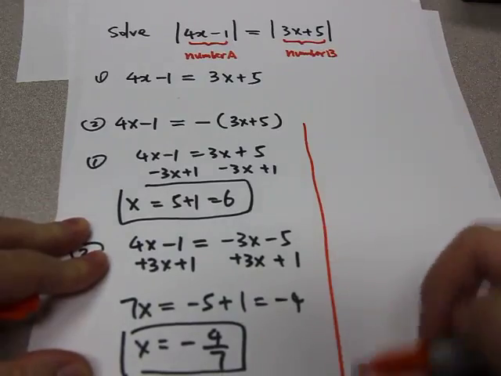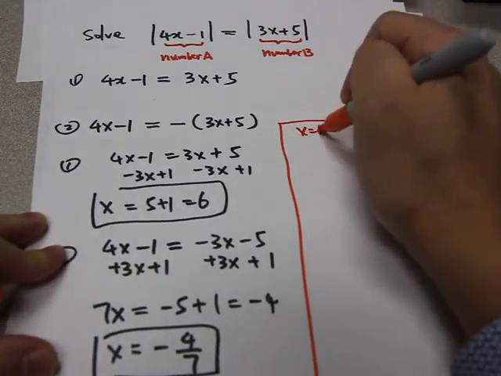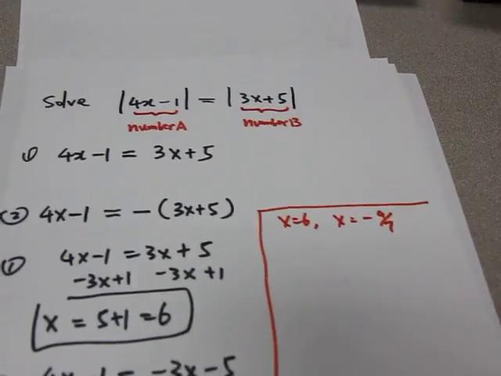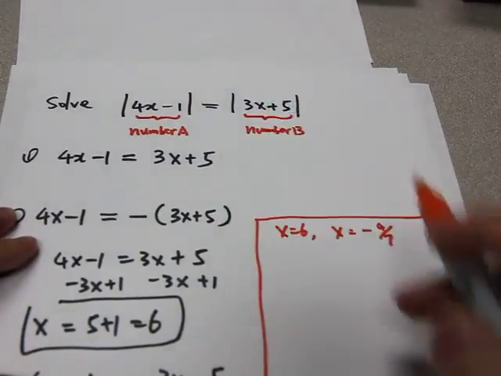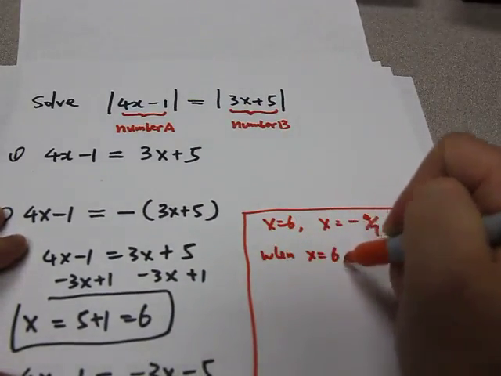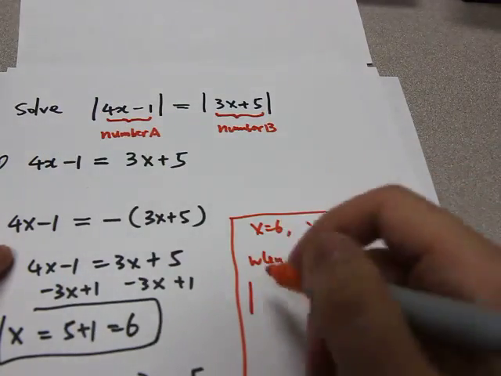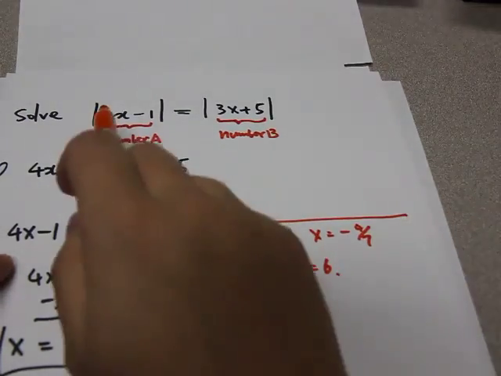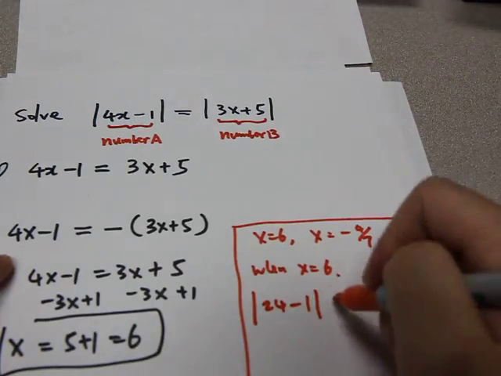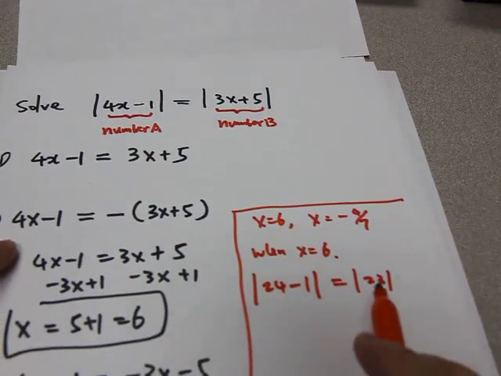Now, over here, I will verify these two solutions and show you they're both solutions to this equation. Let's see, when x equals 6, the left-hand side is the absolute value of 4 times 6 minus 1, which is the absolute value of 23.